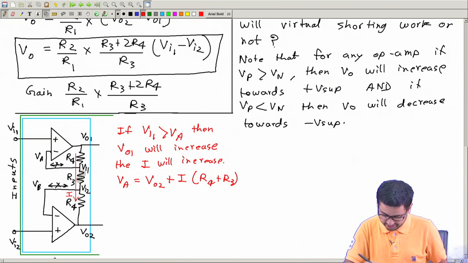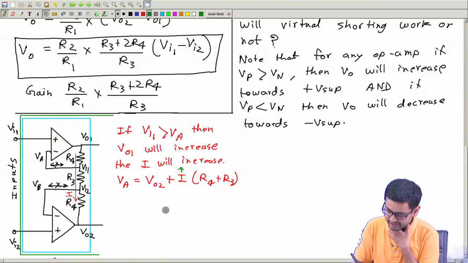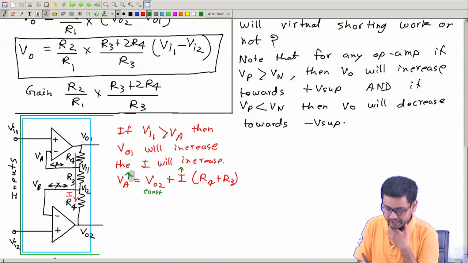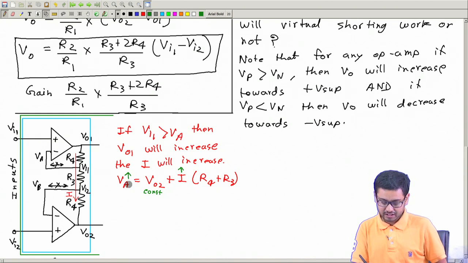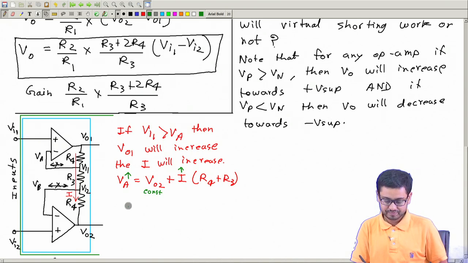This is the drop here. When I add this drop to this voltage, I get this voltage here. Now, if this I is increasing, and Vo2 is constant, then Va will also increase, and how long will it increase? It will increase until Va reaches Vi1.